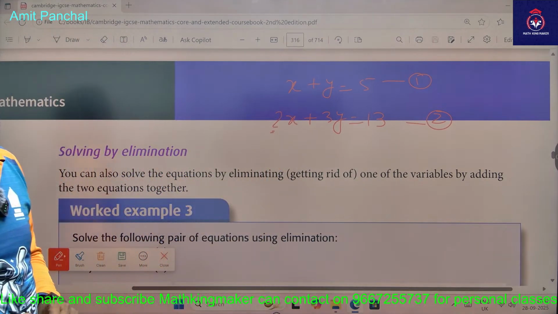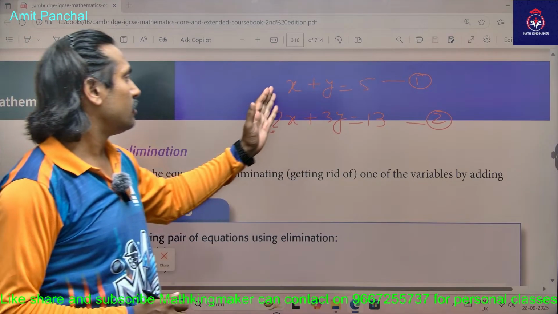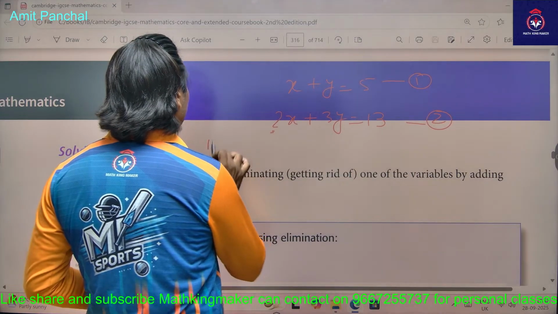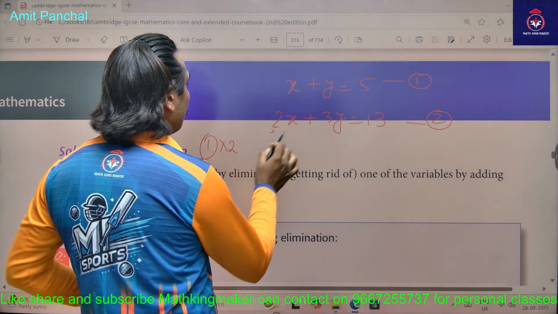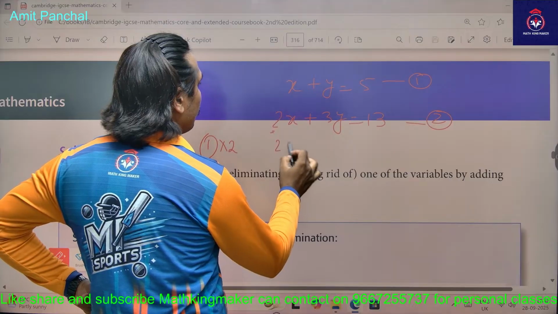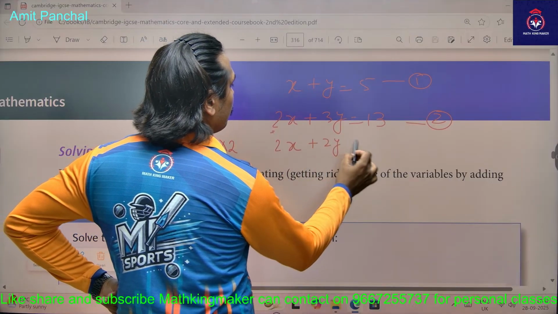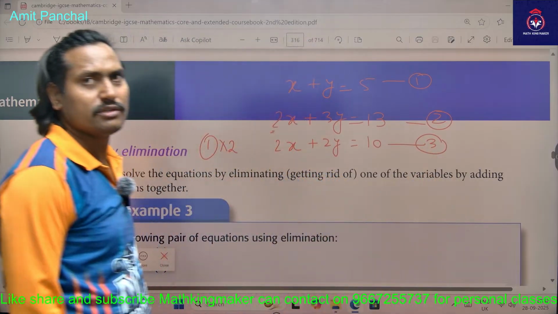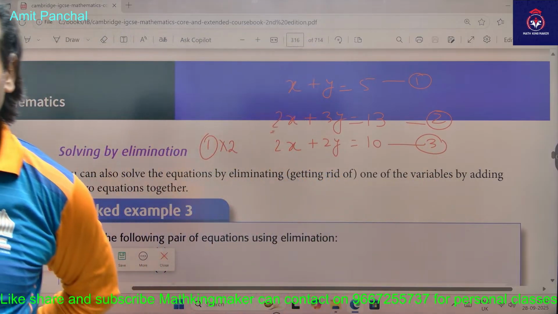So what happens if you multiply the entire equation number 1 by 2? That becomes 2x plus 2y equals 10, isn't it? Let us say this is your equation number 3.